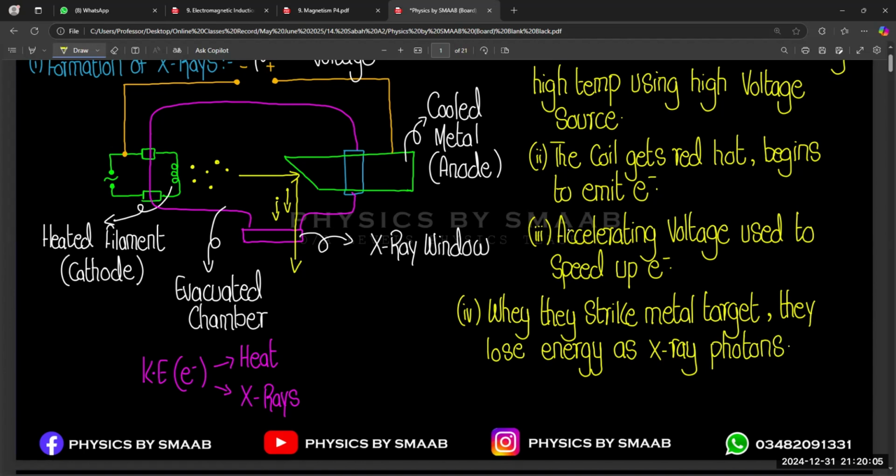So that's why we are getting this photon concept here, because when electrons strike the anode side with high energy, we are using an accelerating voltage that helps the electrons accelerate and collide with the anode with high speed. So it will give you an X-ray photon with the remaining amount of energy.